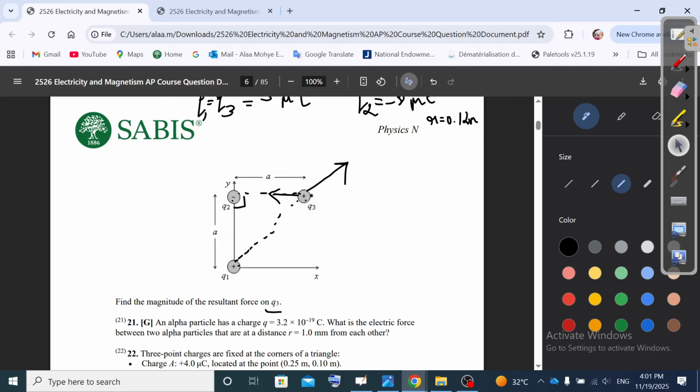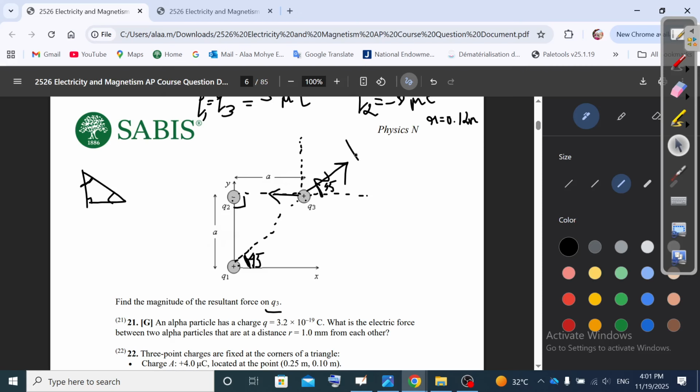So if I continue my propagation here, and then I resolve, my angle here is 45, so my angle here is 45 as well. Why is that? Because in a right isosceles triangle, one angle is 90 and the other two angles are 45. Okay, so this is 45, so this is also 45.